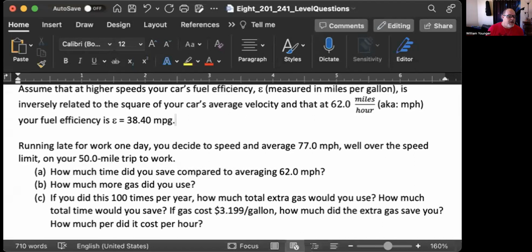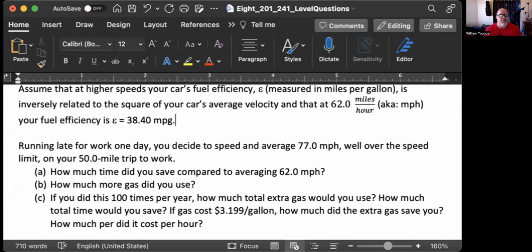So let's start off by sharing the screen so that you can actually read the problem. So here's the problem. You assume that at a higher speed, your car's fuel efficiency, which I'm given the symbol epsilon, which is measured in miles per gallon, is inversely related to the square of the car's average velocity.